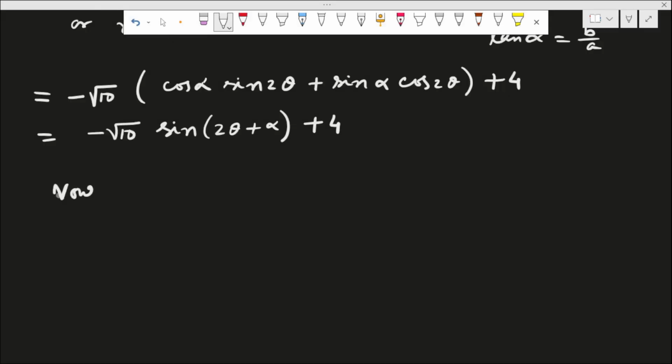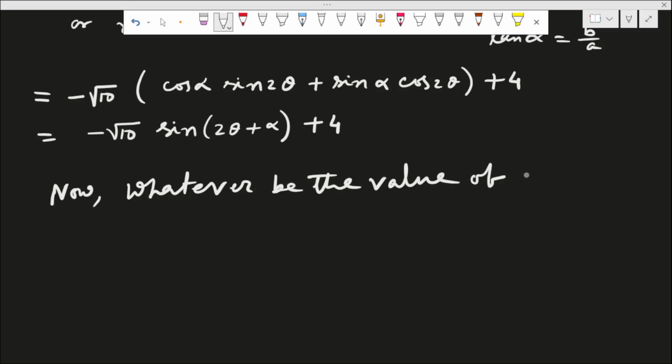Now, whatever theta and alpha, minus 1 is less than or equal to sin of 2 theta plus alpha, less than or equal to 1.